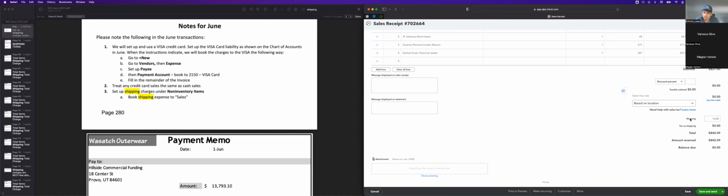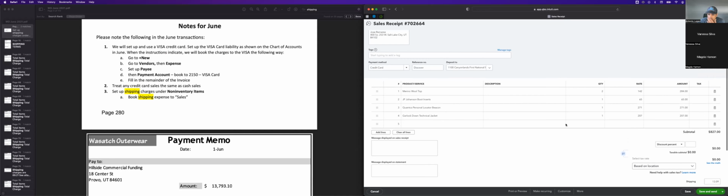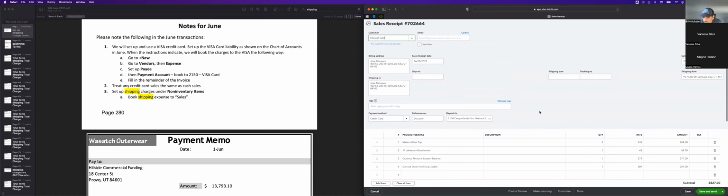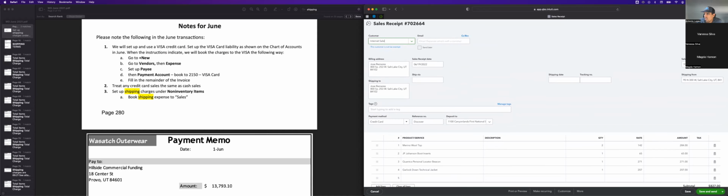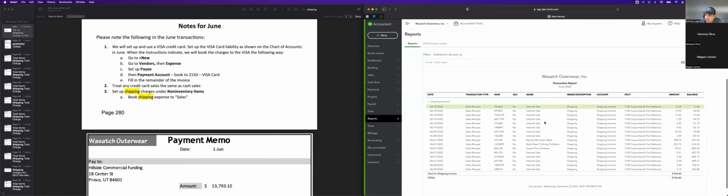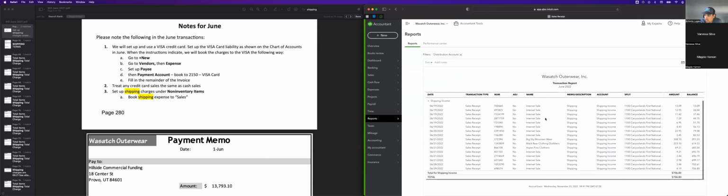But what the instruction says is to set up shipping charges under non-inventory items. So essentially set it up as a product and service, then have it here and map that to sales. So you can do one of two things. You can continue to do it this way.